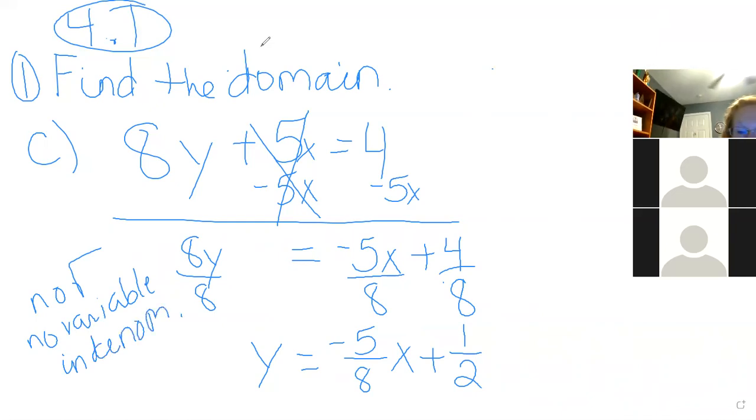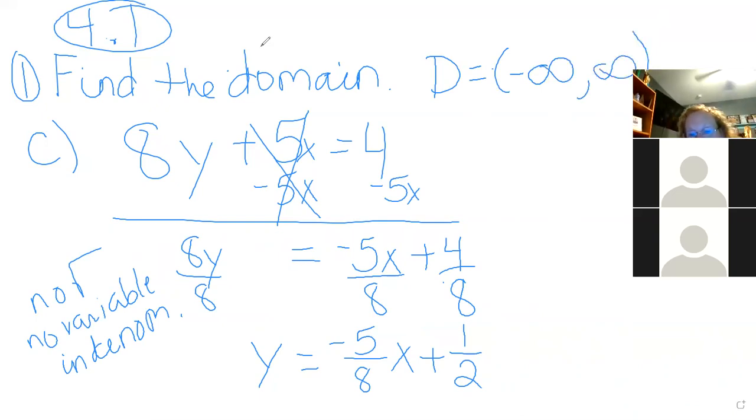Now, there is a denominator. We have an 8 and a 2, but there's not a variable in the denominator. And so if you know that you have no square roots and no variable in the denominator, then that means that your domain is automatically negative infinity to positive infinity.